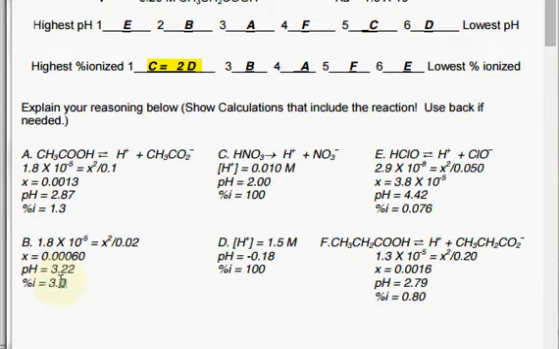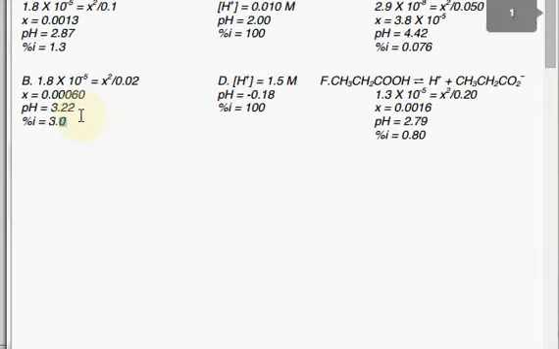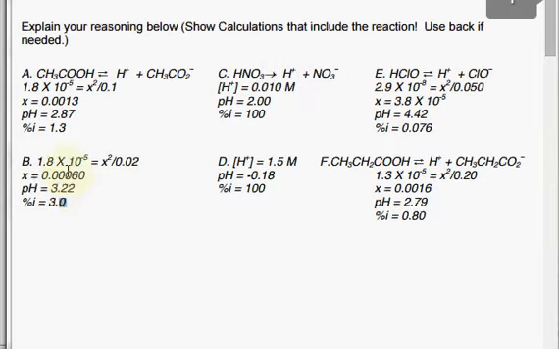When you have a lower concentration in there, more of it ionizes. So that must be because, since fewer of the CH3COOH are in the solution, it's happier to split up.